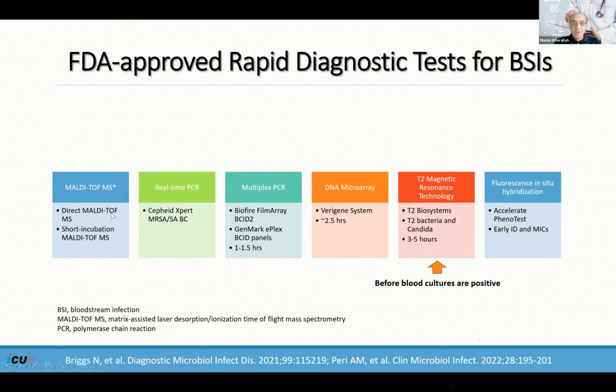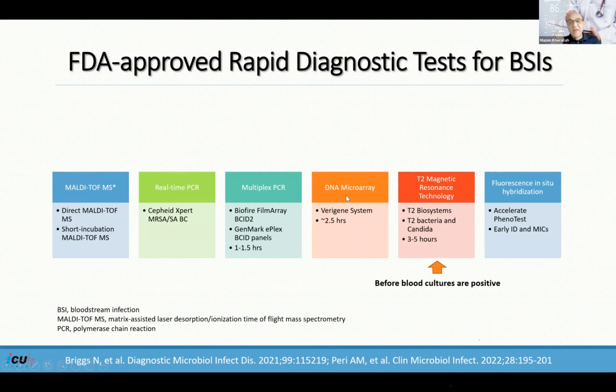I'm not going to go into detail on those techniques, but you have MALDI-TOF MS. This is mass spectrometry, which depends on the different proteins present in the organisms. And then you have real-time PCR detecting a single organism, compared to the multiplex PCR, and we're going to detail the BioFire FilmArray in the blood.